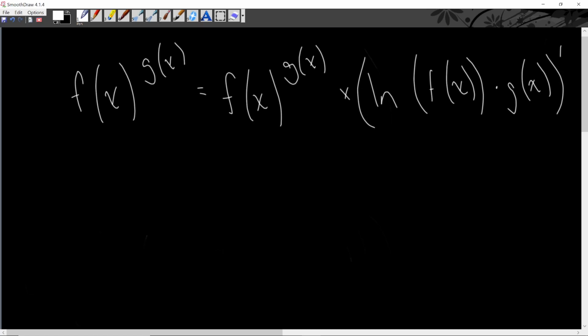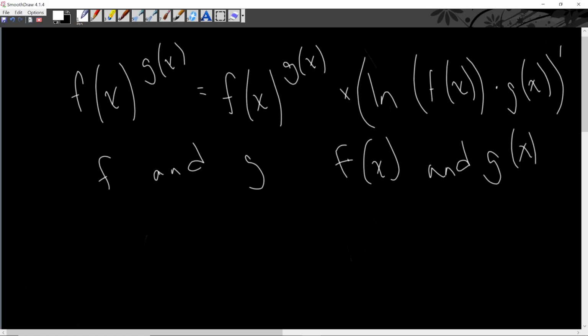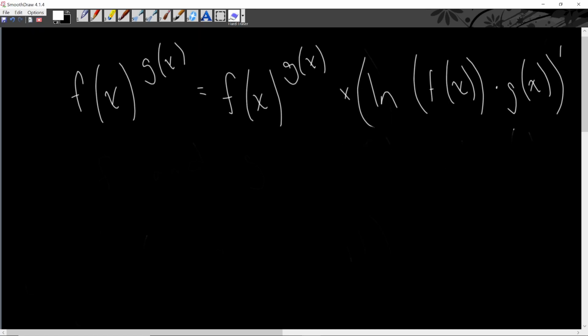Because we can write, I'm going to use f and g instead of f of x and g of x. They both mean the same thing, but I just want our work to be slightly less cluttered. So, using our understanding of inverse functions, we know that e to the power of ln of anything is equal to that anything.